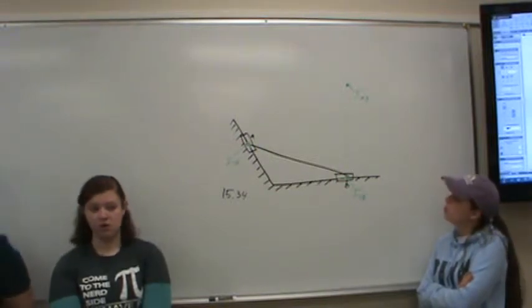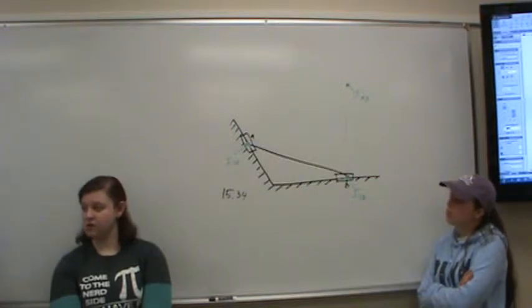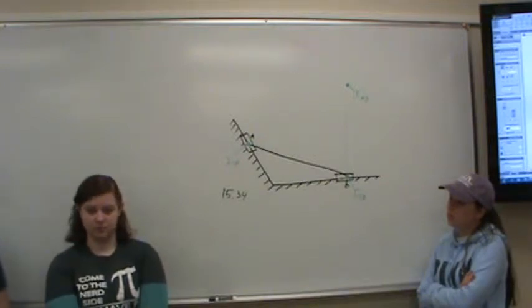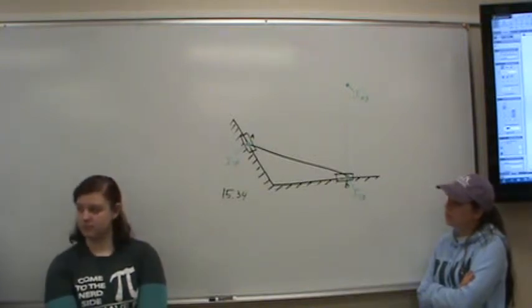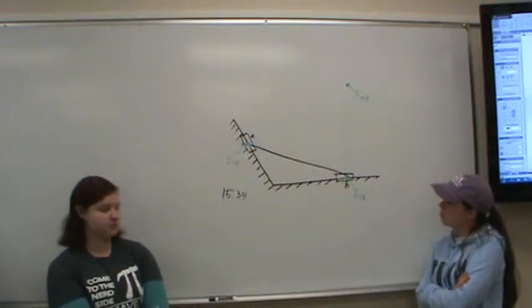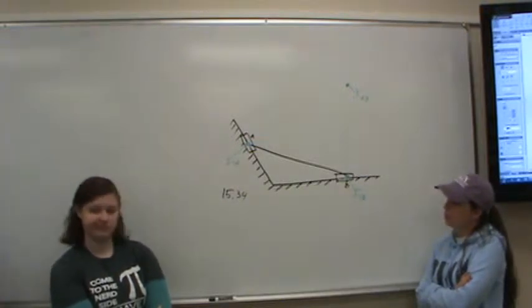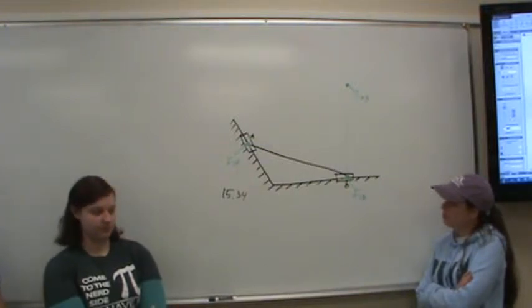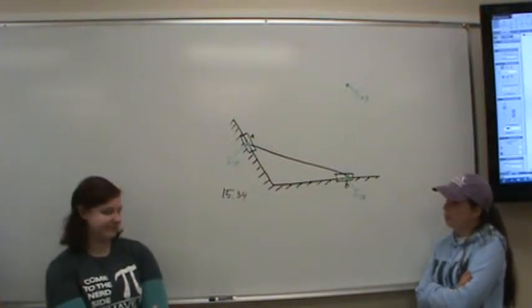No, their velocities are the same. The velocity of body 1 and body B at that point. That's what you're saying, right? Is the velocity of body B and 1, what is 1? 1 is ground. Is the velocity of body B and ground the same at that point? No, right? It can't be.